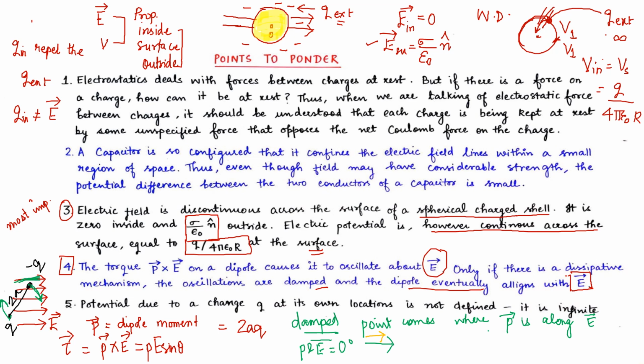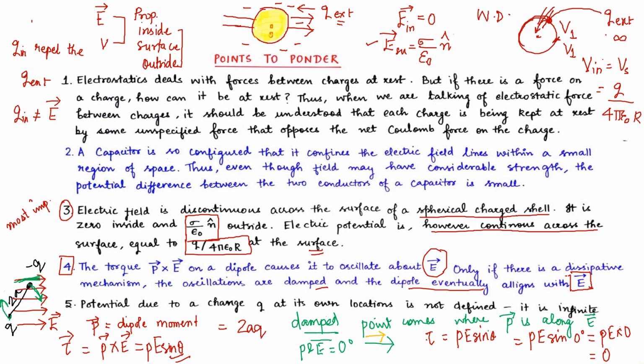So in such a situation, as torque is defined as PE sine theta, what does it become? It becomes PE sine 0 degrees. What is sine 0 degrees? It is 0. Anything multiplied by 0 gives a resultant of 0.